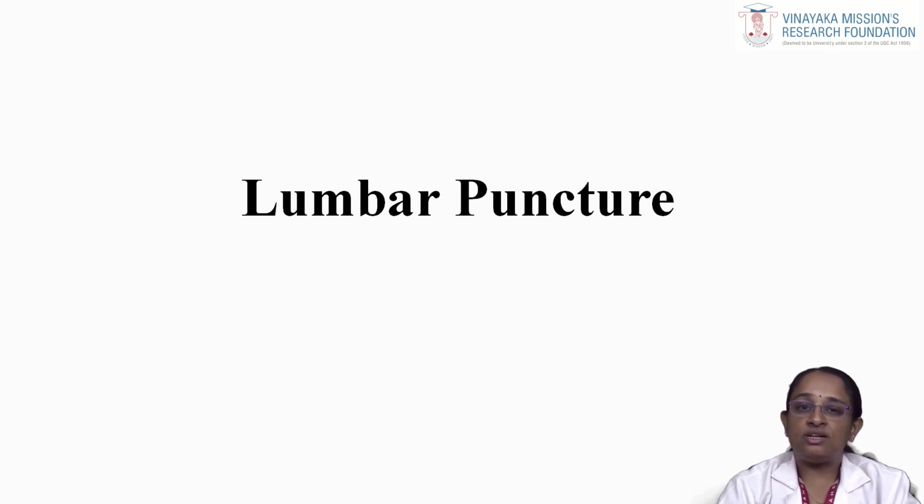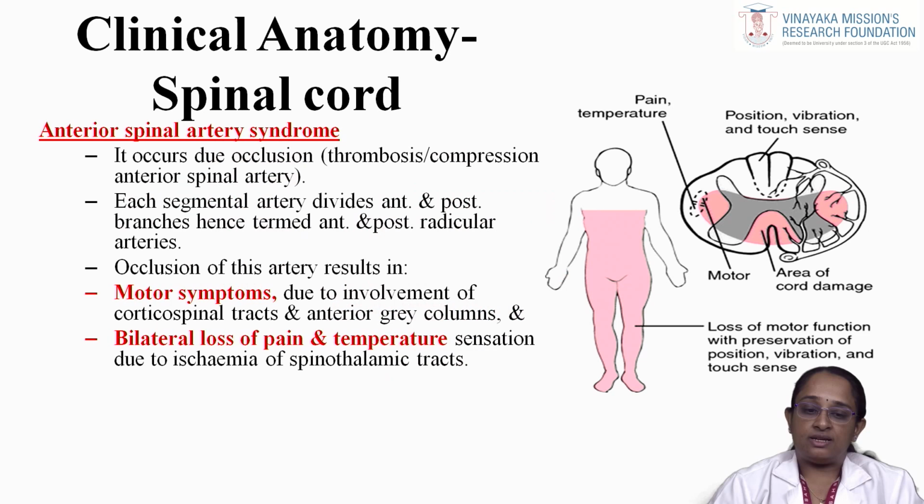Most probably the region we take is between L3 and L4. There are some conditions where L2 and L3 are also preferred, but the most commonly preferred site is L3 and L4.